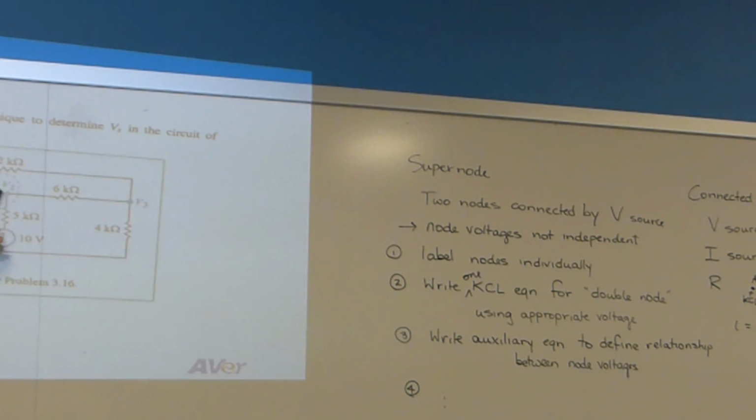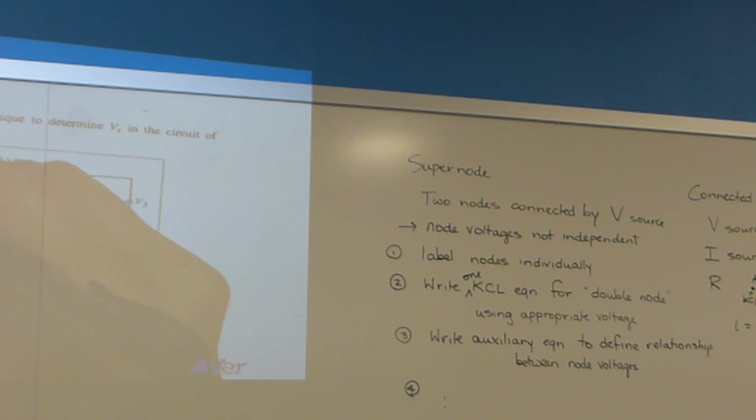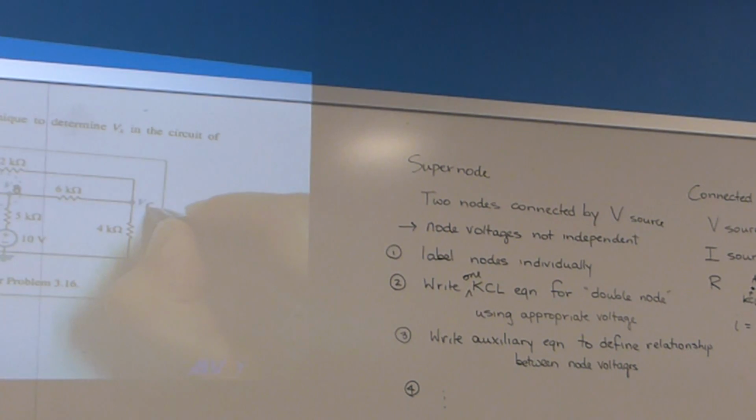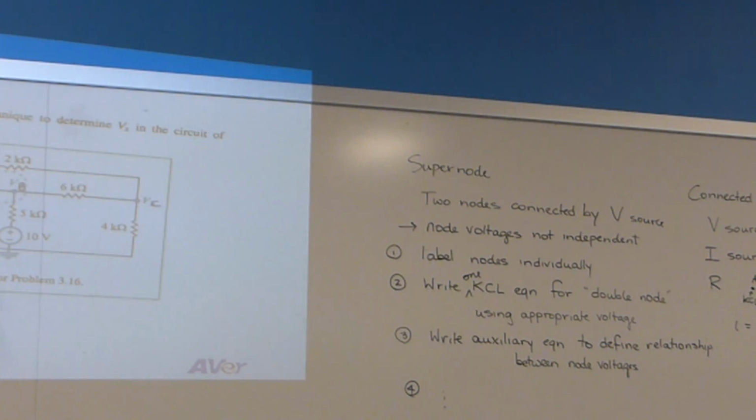We see that two of those nodes are connected by a voltage source, so they are not in fact independent. So this is one big supernode. Again, I'm going to change these into VA, VB, and VC, just because that's what I prefer. I'm going to write KCL at V sub C first, because that's just a regular old node. There's nothing different about this one.